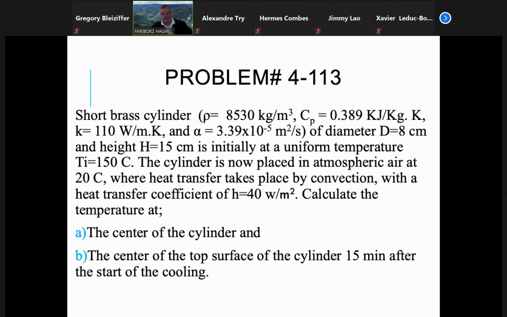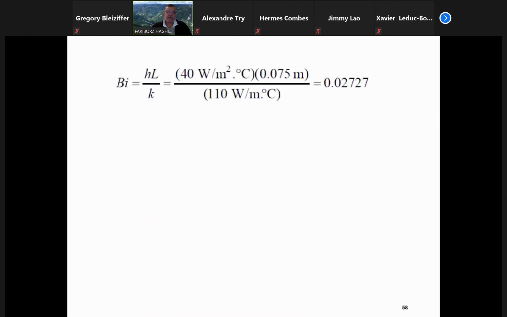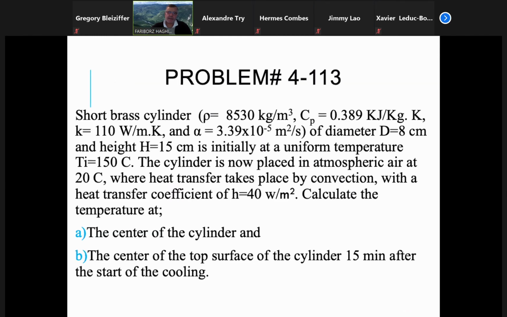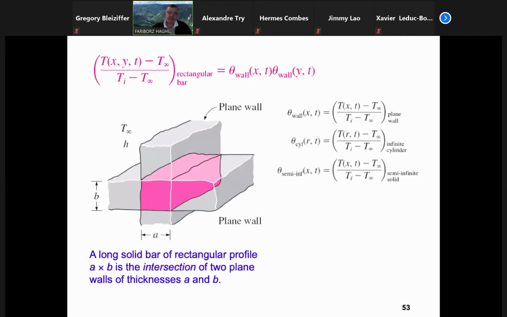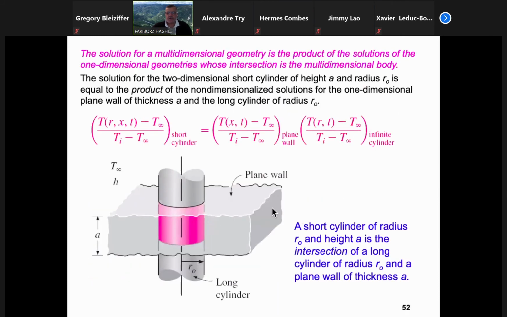Any question? Therefore, the first thing here is we have to find out what is the Biot number. It mentioned cylinder. Therefore, again, remember, this is a short cylinder. If we go back to the solution, we have to solve it for the case where we assume it is a long cylinder.